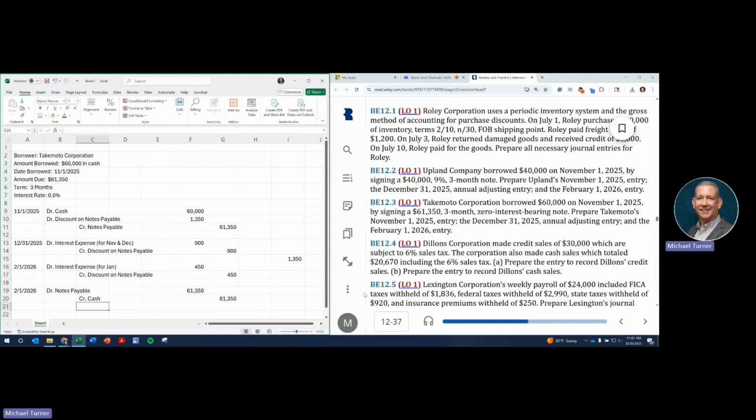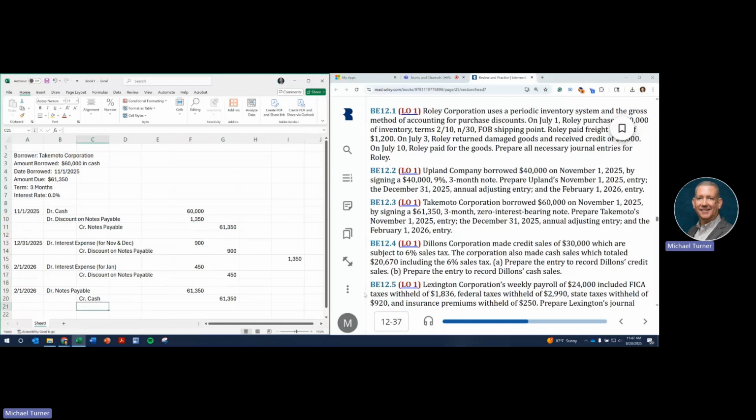Now recall that the difference between what we borrowed, $60,000, versus what we have to repay, $61,350, is always known as interest expense. The interest expense could have been stated, and they might have had to pay interest every month of $450, or they said, well, we'll loan you $60,000, but you have to pay us $61,350 back. And so that difference represents the time value of money, the cost of borrowing money, and therefore it's all cash flowed on February 1st.